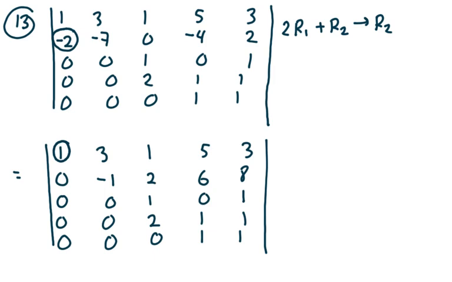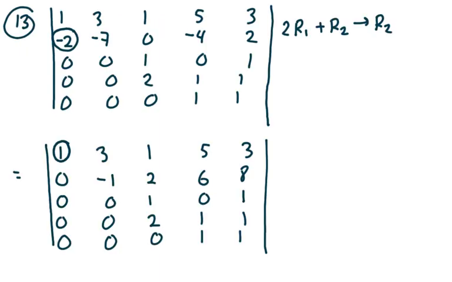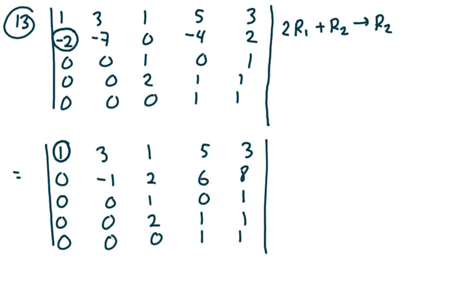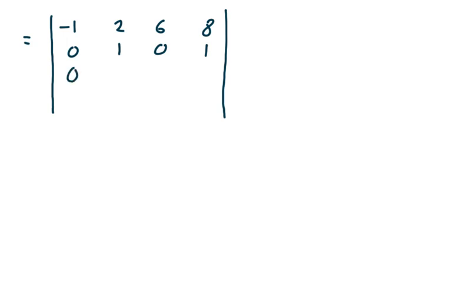And so it turns out I claim this is the determinant of -1, 2, 6, 8. That's the first row. The second row should be 0, 1, 0, 1. The third row is 0, 2, 1, 1. And then we get 0, 0, 1, 1.